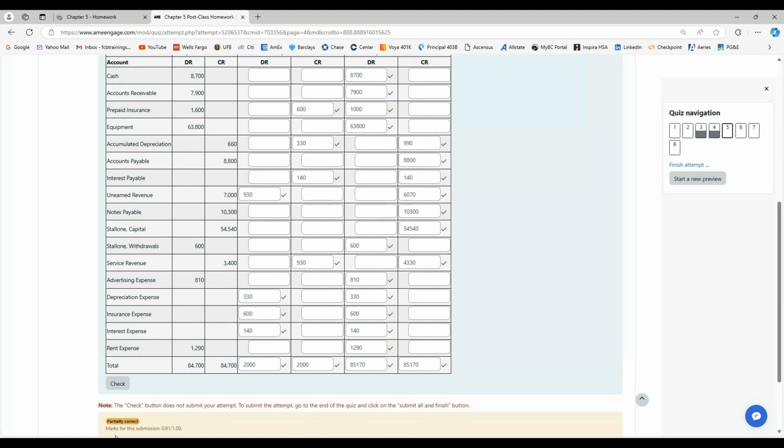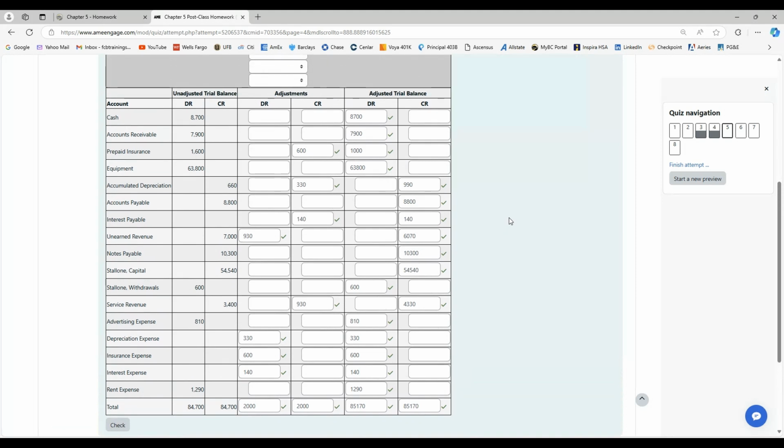And looking pretty good, but we're missing something because the two sides don't match. So somewhere, it looks like we are missing something. Advertising expense, depreciation expense, that's there.